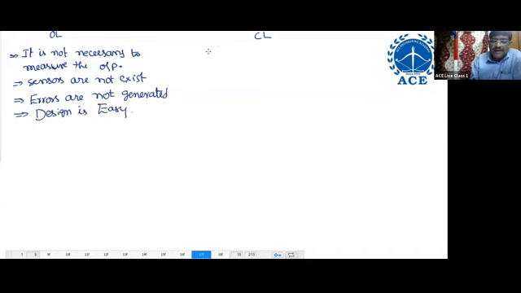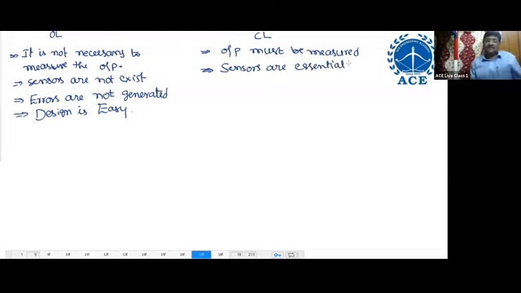When you come to the closed loop, what happened? Output must be measured. Sensors are essential. Errors are generated.